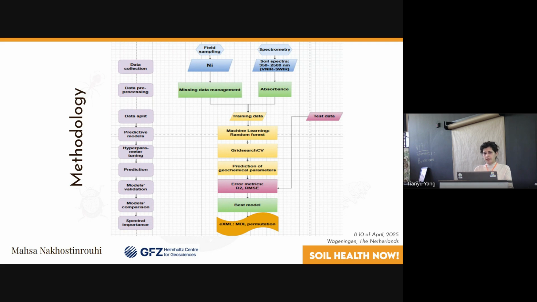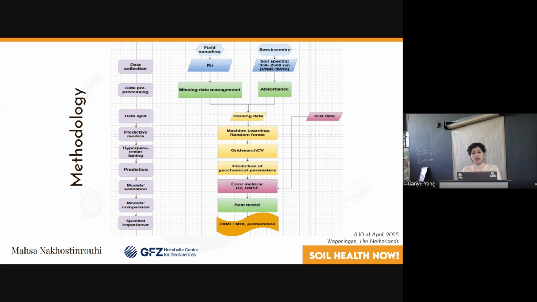And then there was the data pre-processing step, and then splitting the data into training and test, and using the training data in order to train a random forest model, and also grid search CV method in order to optimize its hyperparameters.